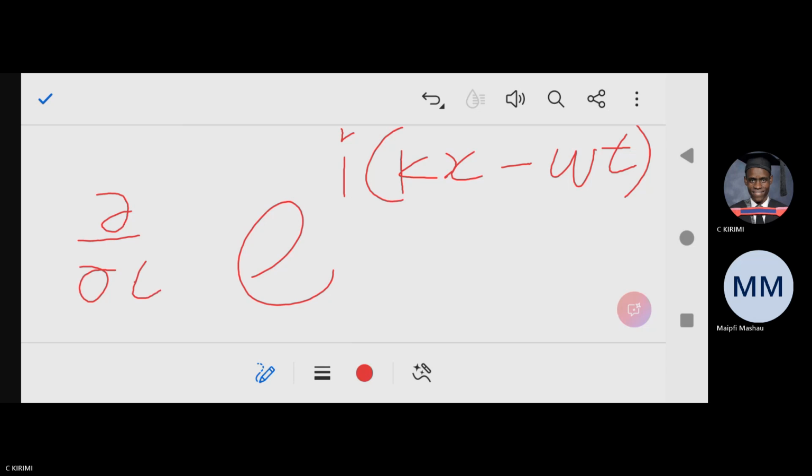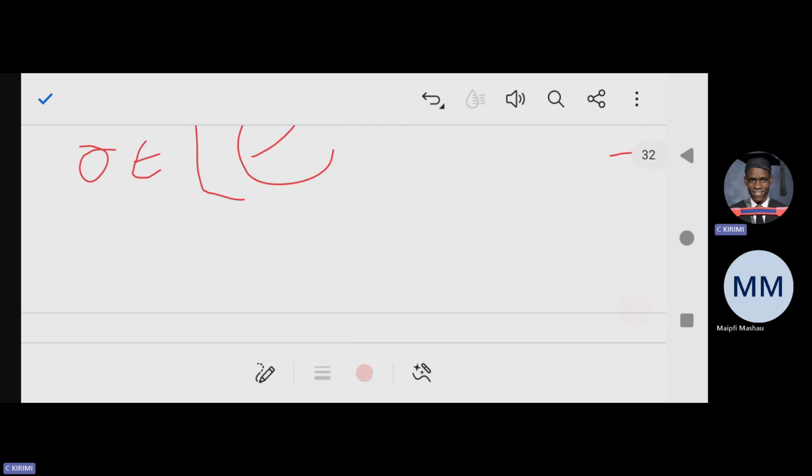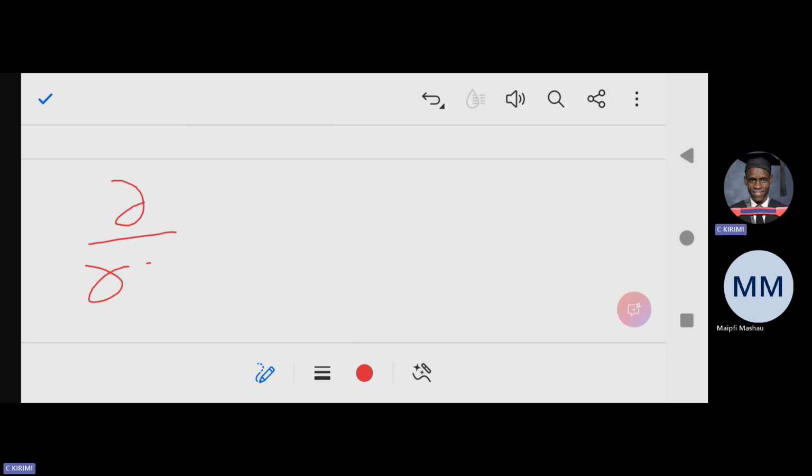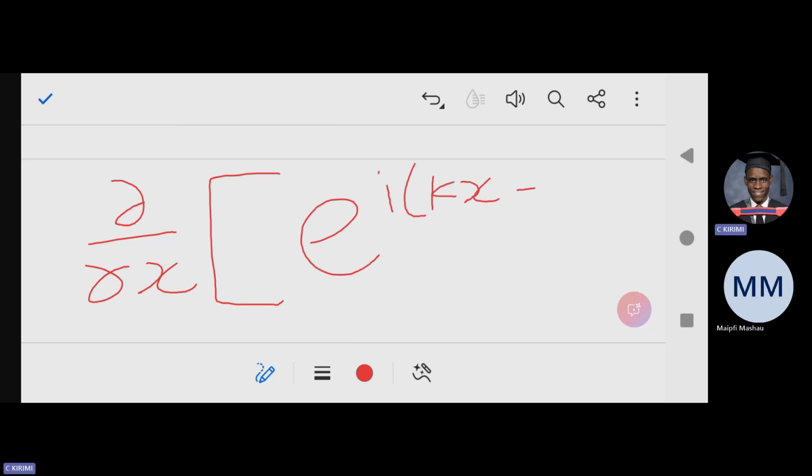The question says partial t of this, which means you are differentiating with respect to time. Then it can go and say partial x. Now you don't want to differentiate with respect to t; now you want to differentiate with respect to x. Partial x of the same i(kx minus omega t).